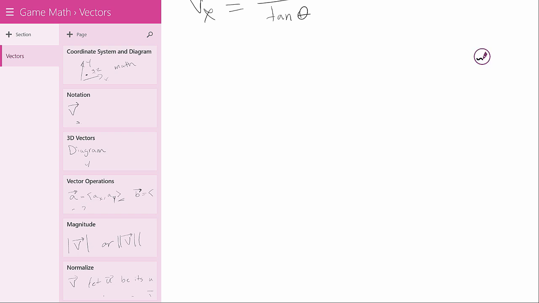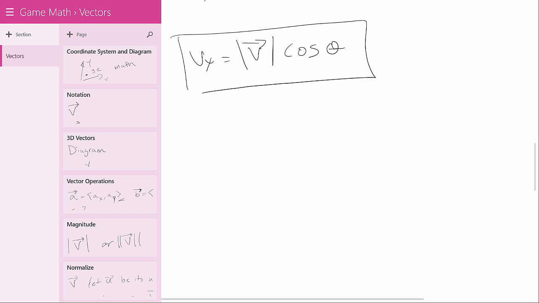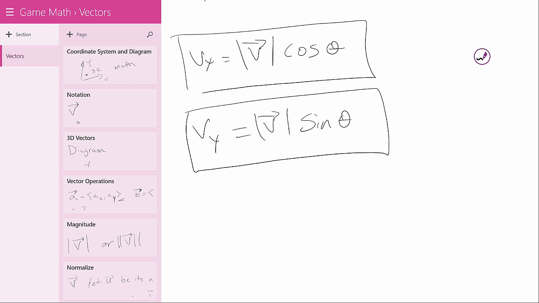The x component can also be found by multiplying the magnitude of the vector times cosine of the angle. This is important. The y component can also be found by multiplying the length of the vector times sine of some angle. This is important.